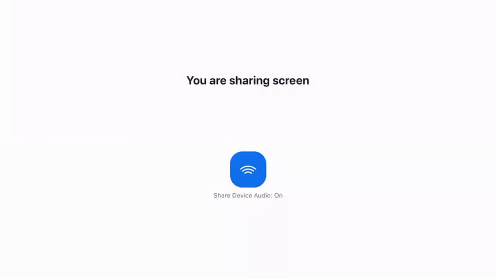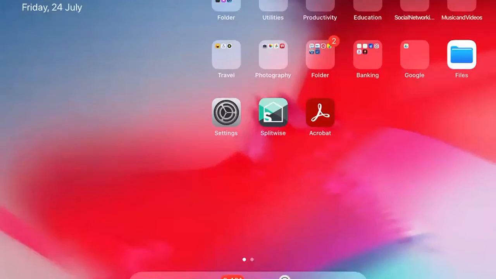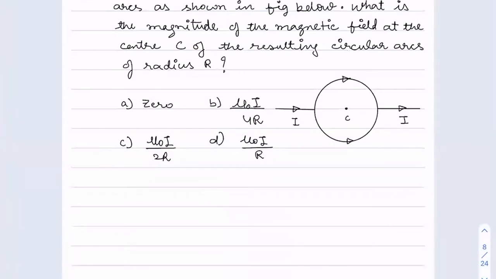Okay, wait. What has happened? Wait a minute. Is the screen visible now?